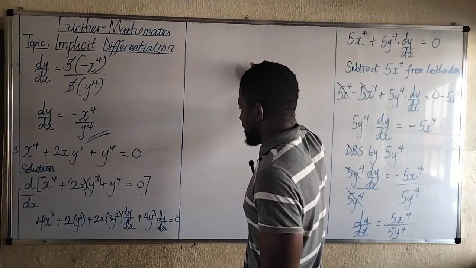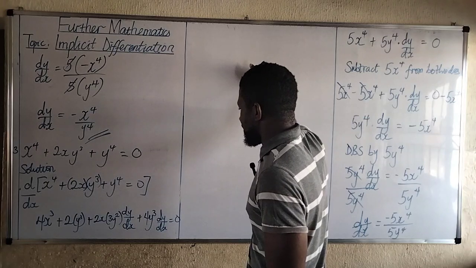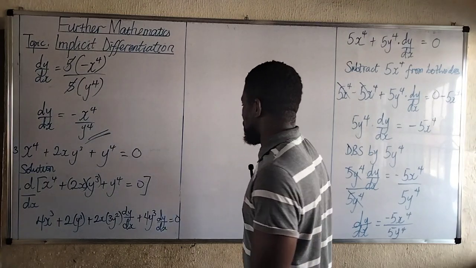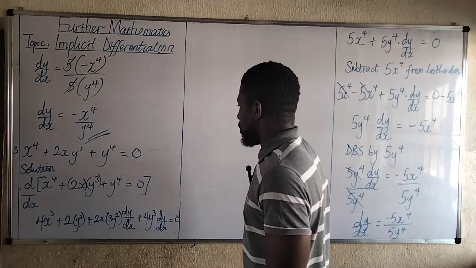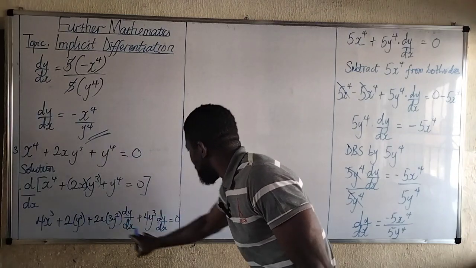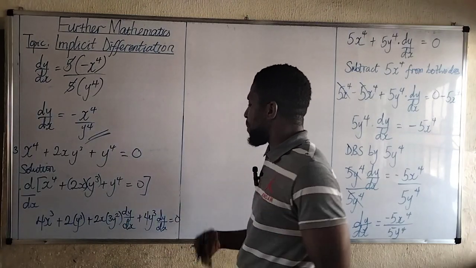So, next is to collect like terms, if there is any. But if there is not any, we take the terms with dy over dx along. So this one can be multiplied and this can also be multiplied. Let us multiply out those that can be multiplied.